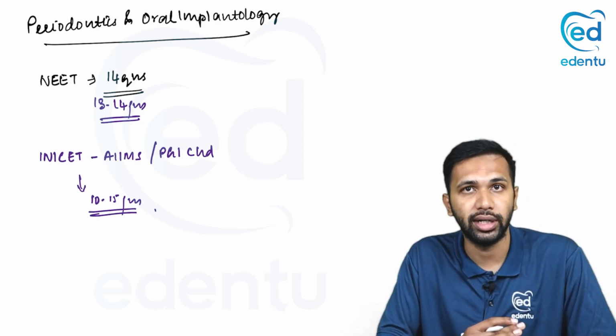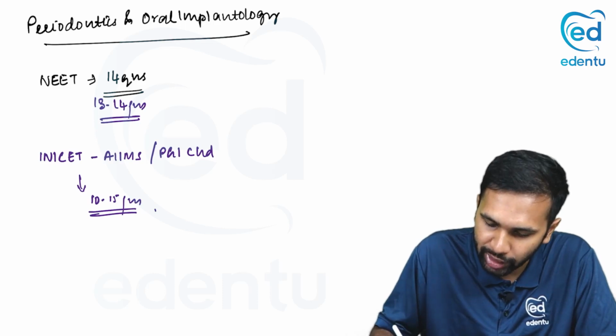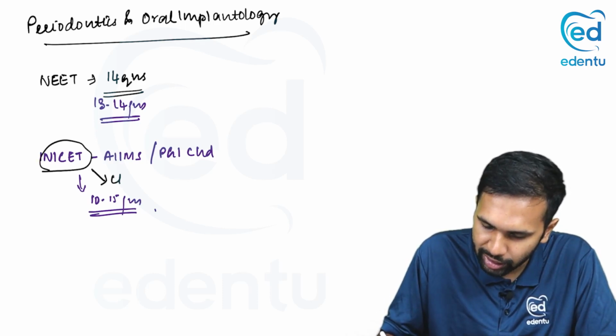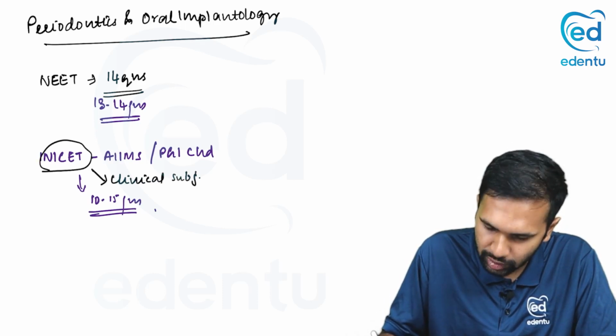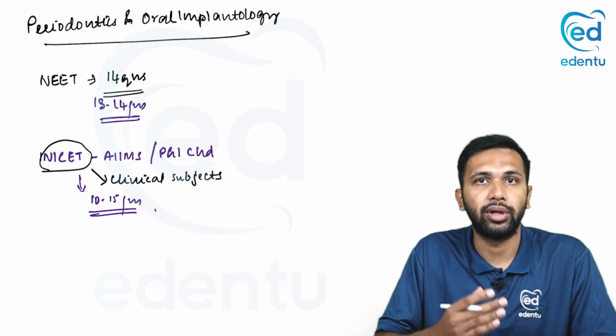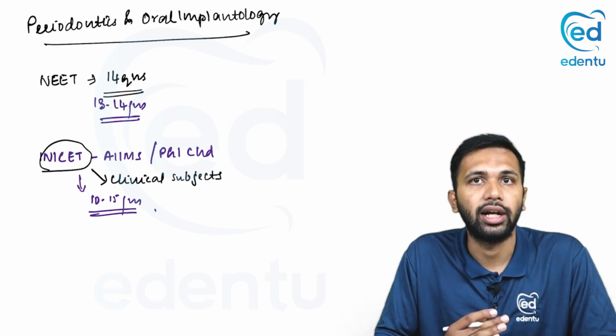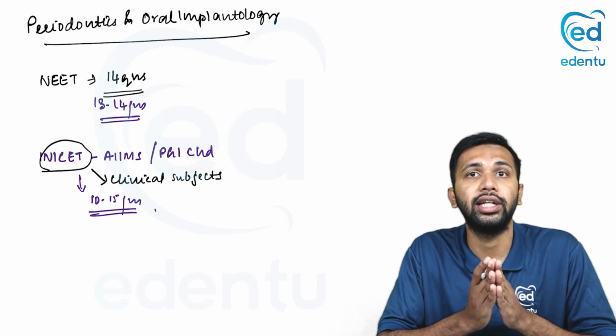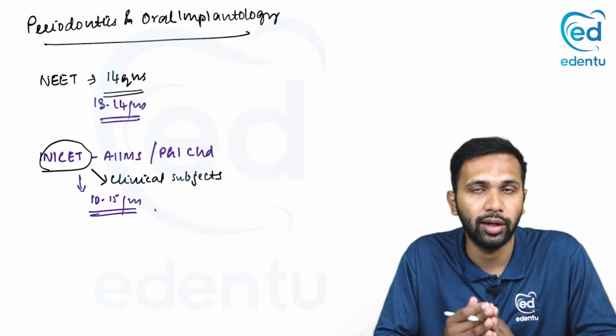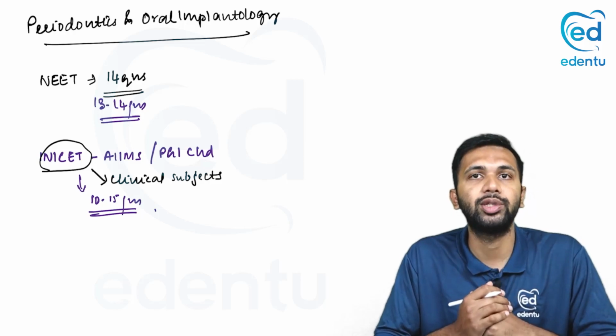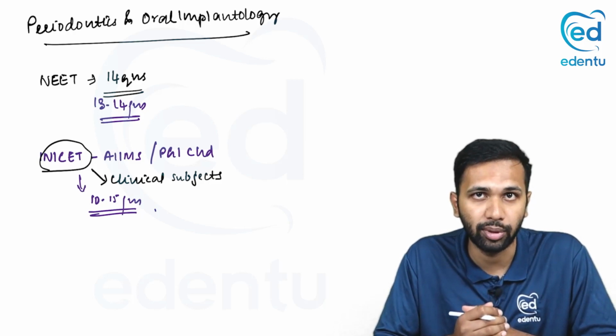That is how important it is, right? For this exam, it is mainly your clinical subjects that you have to give importance to, out of which perio is an equally important part. Let's say you have 5 or 6 clinical subjects, of which perio and implants are important.